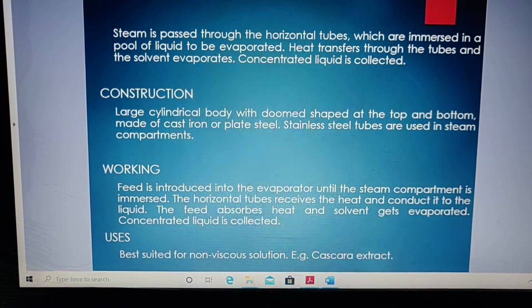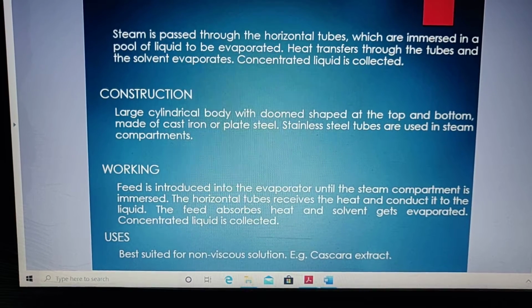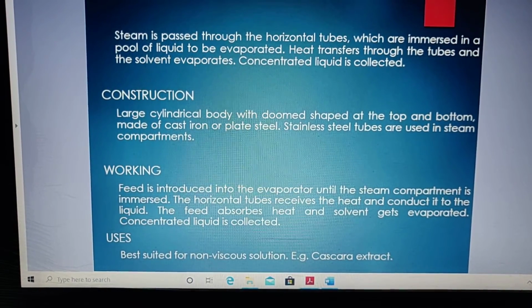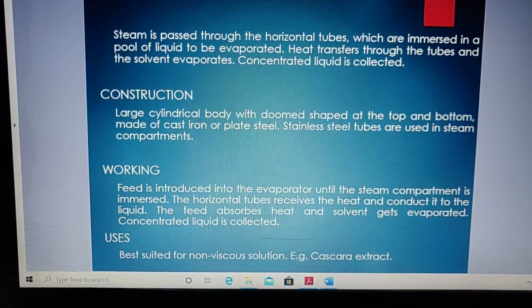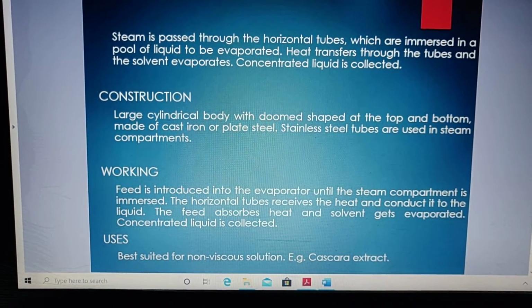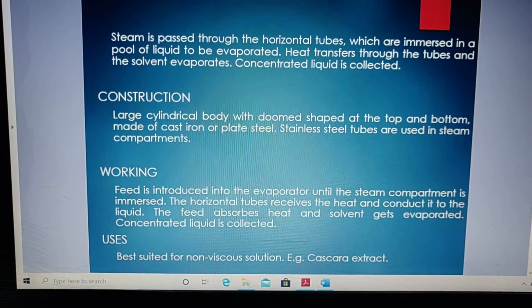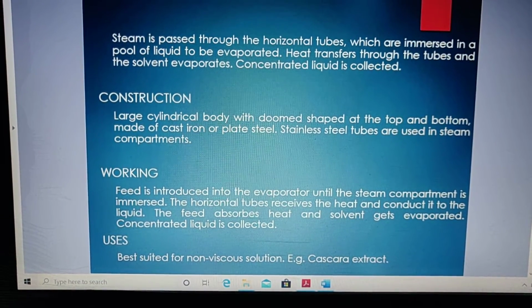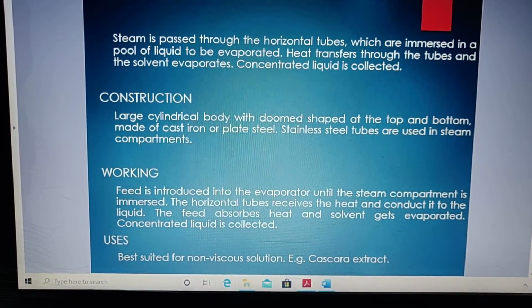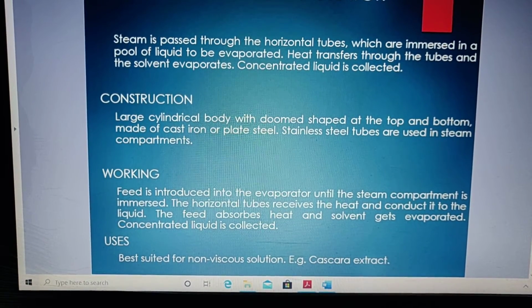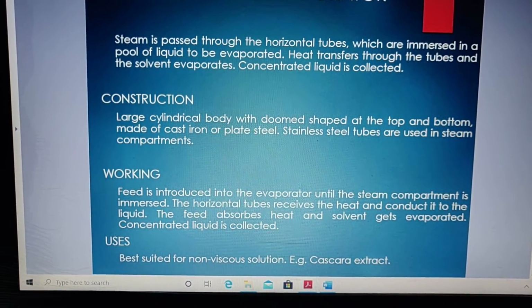Then working. Feed is introduced into the evaporator until the steam compartment is immersed. The horizontal tubes receive the heat and conduct it to the liquid; conduction is the main principle here. The feed absorbs heat and the solvent gets evaporated. Concentrated liquid is collected from the bottom.